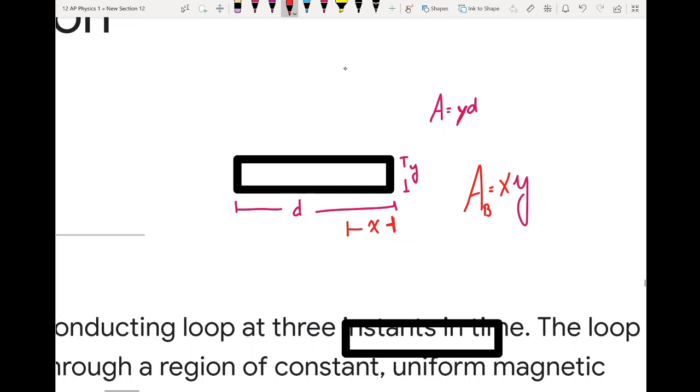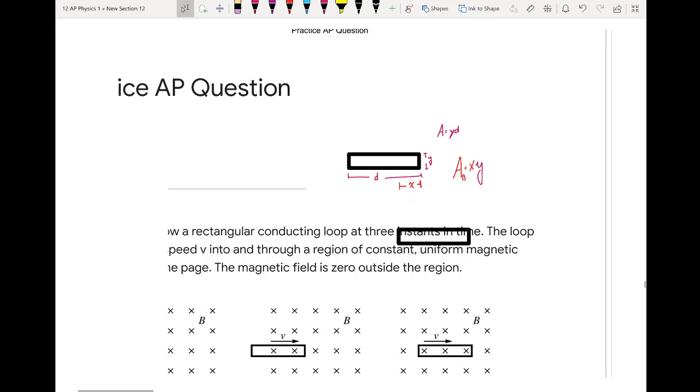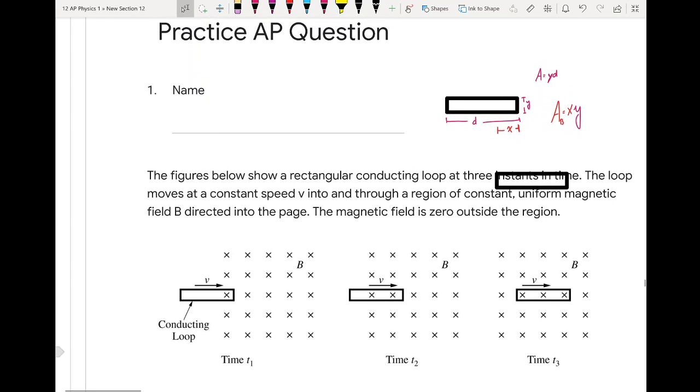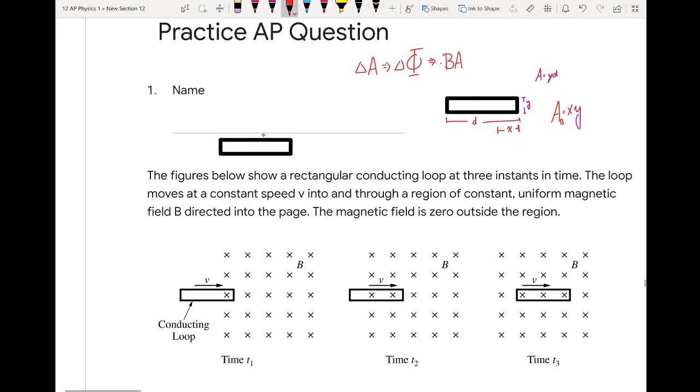It is not a constant value because we have this loop moving through at a constant velocity. So we have this area changing, and because we have a change in area, we have this change in flux. Because this quantity is changing over time, it means that we induce this EMF.